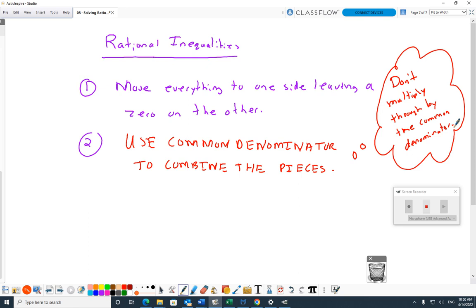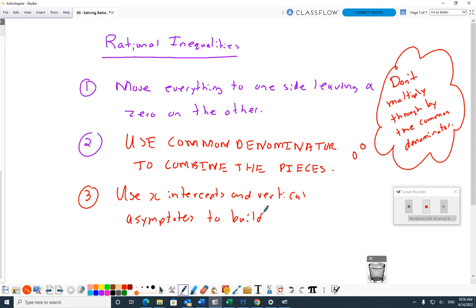It'll make a big mess. 3. Use x-intercepts and vertical asymptotes to build a plus-minus chart.